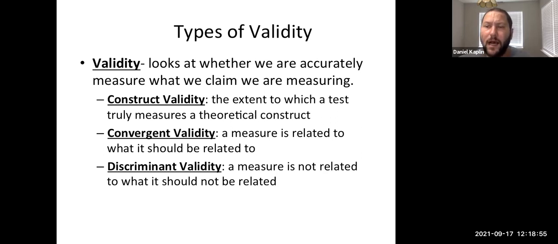We typically use what's called a panel of experts, where multiple people will rate the test as to what they think it's measuring without being told what it's measuring. And then they are meant to also evaluate the relative comprehensiveness of the measure. Does it have all the items it's supposed to? If there are some missing, what would the evaluator suggest you add? And then sensitivity, which is your range of responses, that's evaluated. But ultimately, that is construct validity.